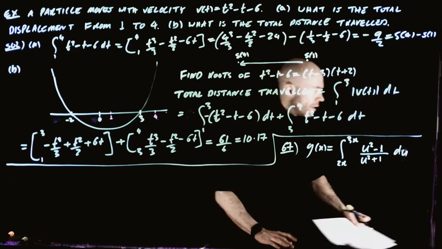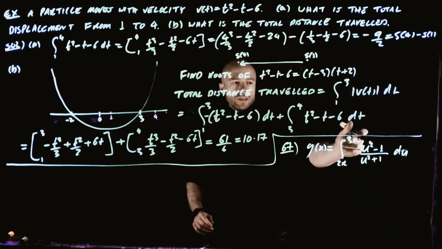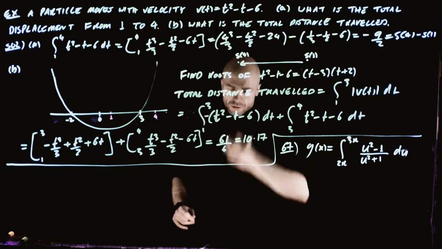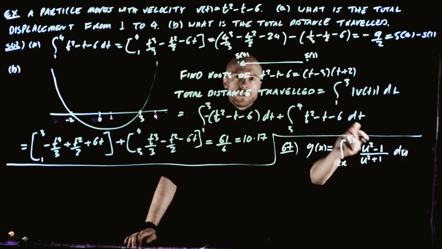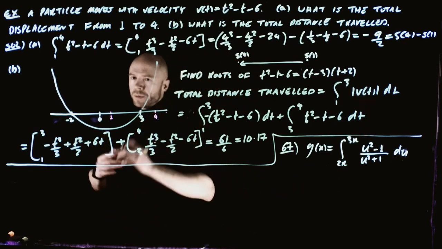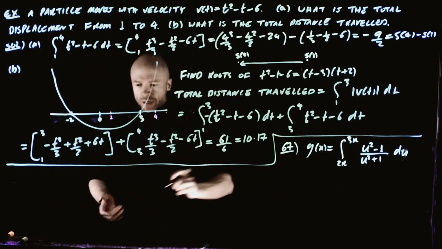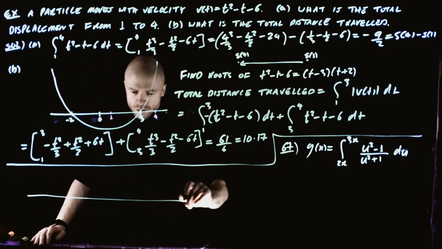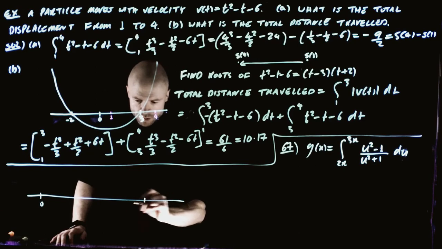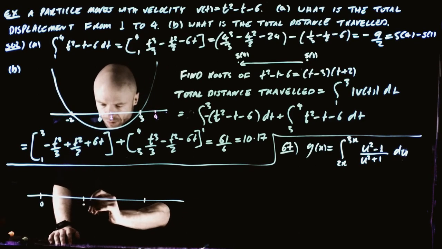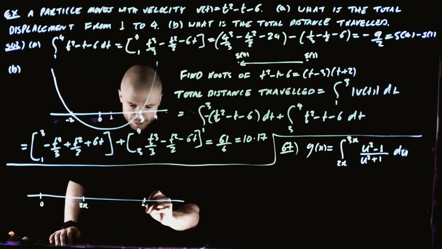And the way they're making this harder for us is that they have the function of x both in the top and bottom limit, instead of just having it from 1 or 2 or something. But we think about what this means. This is the integral from 2x up to 3x.